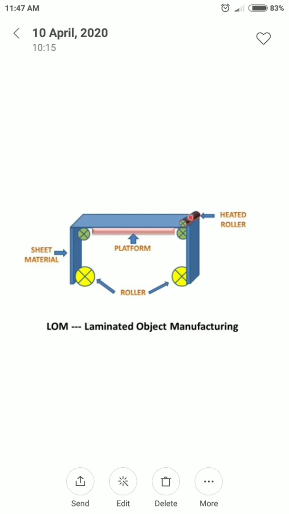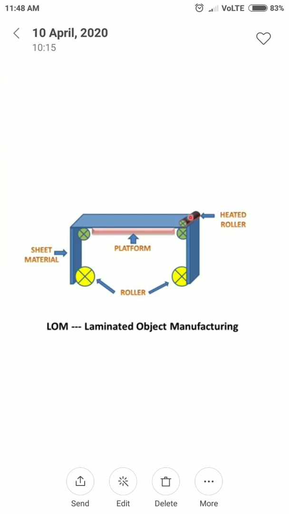I have a handwritten diagram, but I am not showing it because people may get confused about the part labeling. So I took screenshots from an animated video, and stage by stage I am explaining laminated object manufacturing.